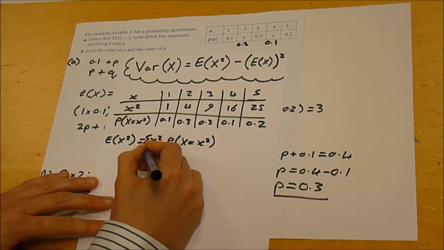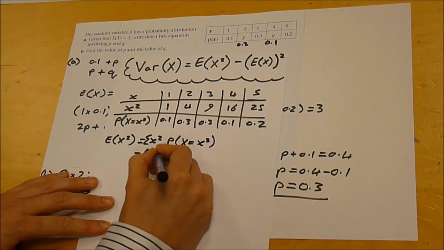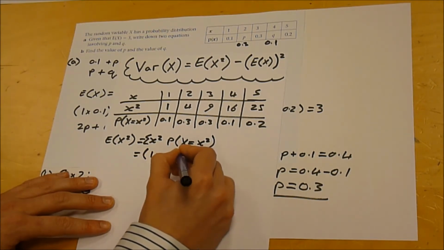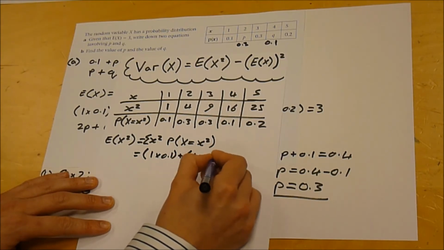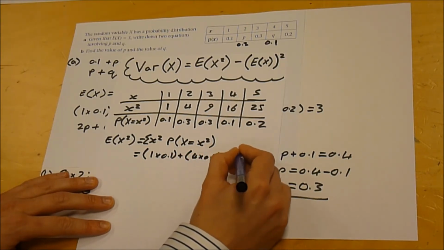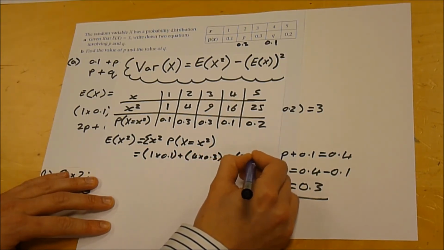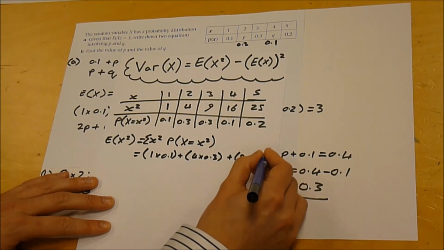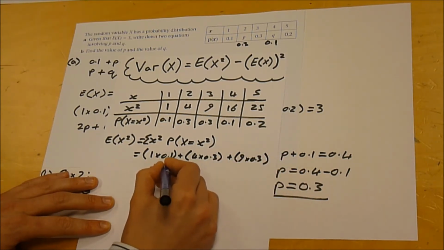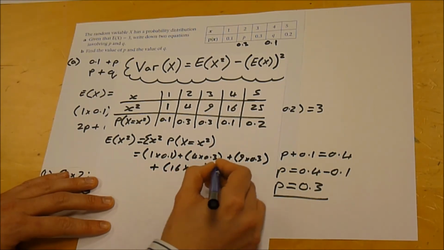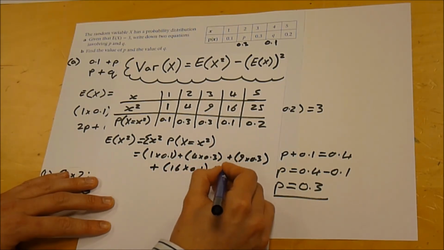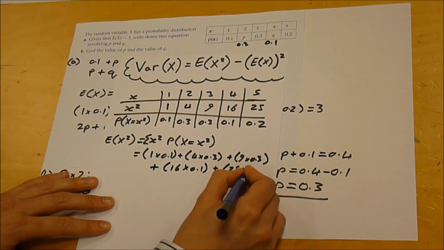Alright, so that's going to equal for me 1 squared, so 1 times 0.1 plus 2 squared is 4 times 0.3 plus 9 times 0.3 plus 16 times 0.1 and finally 25 times 0.2.